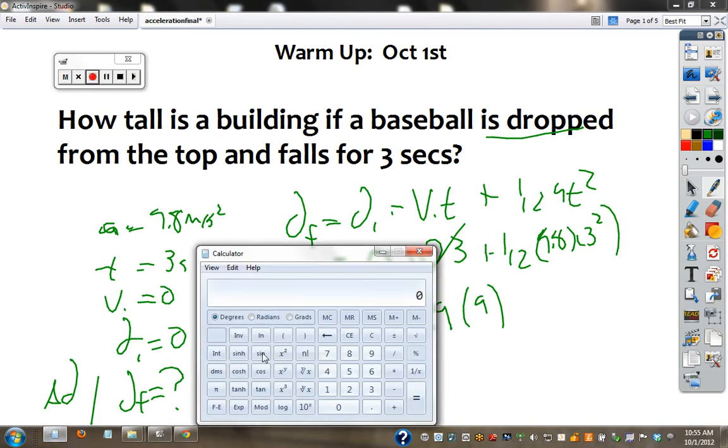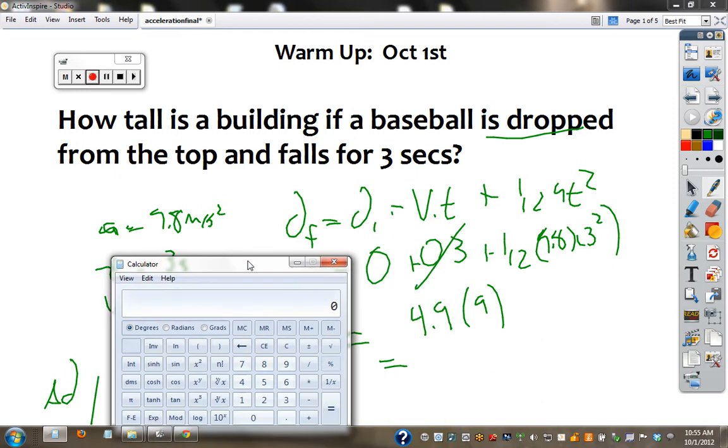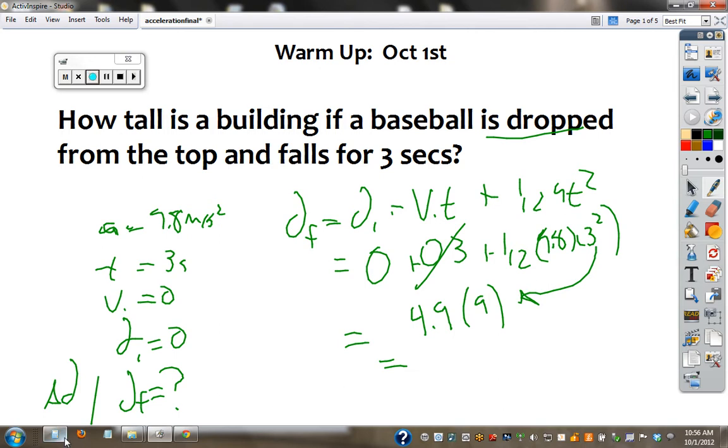Yes. By the way, 1/2 times 9.8 is 4.9. 4.9, that's where that came from, times 3 squared is 9. The answer is 44.1 meters.